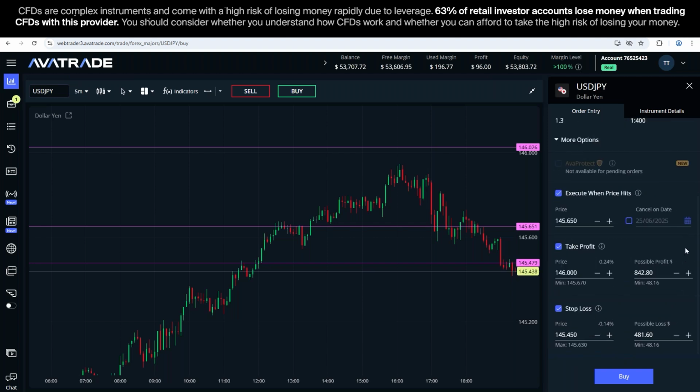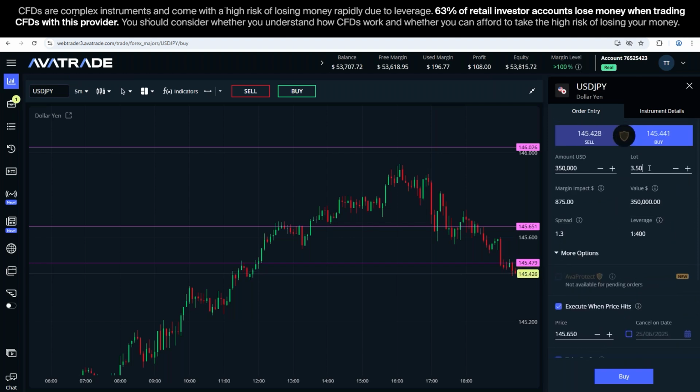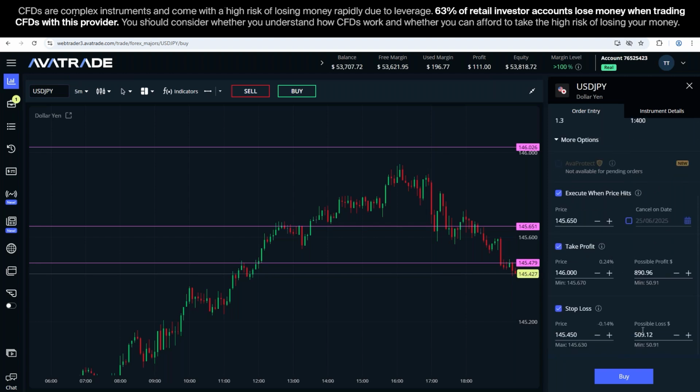So be looking at under 500 risk, so less than 1% of my account, to make over 800, 842.80. We'll go a little larger than that, 3.7 lots, risking just over 500, which is still less than 1% of my balance, to make nearly 900.